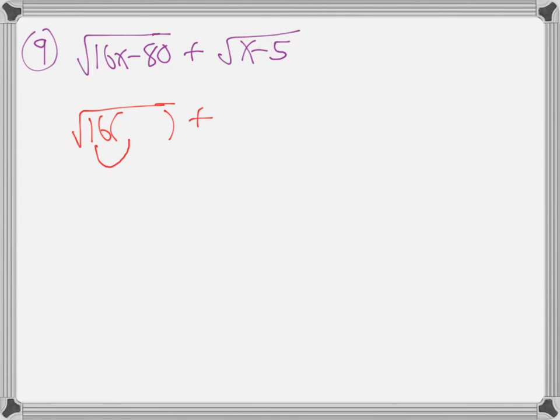So 16 times what? We're going to have two things in there: 16 times x, and then 16 times what? Just divide by 16 on your calculator. It'll tell you 5. That good? 16 times x is 16x, 16 times 5 is 80. Good so far.